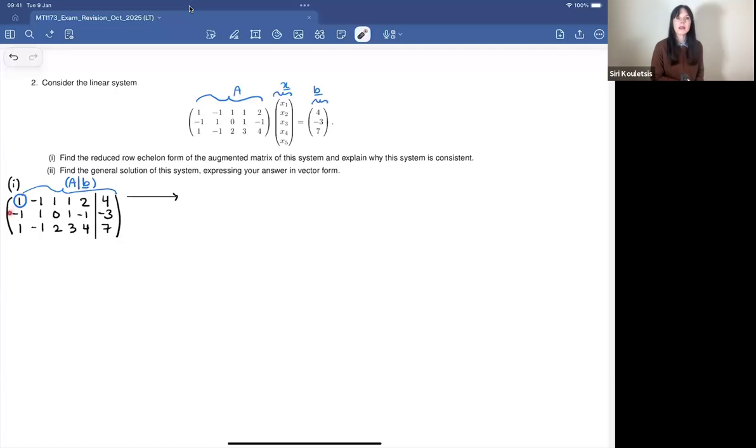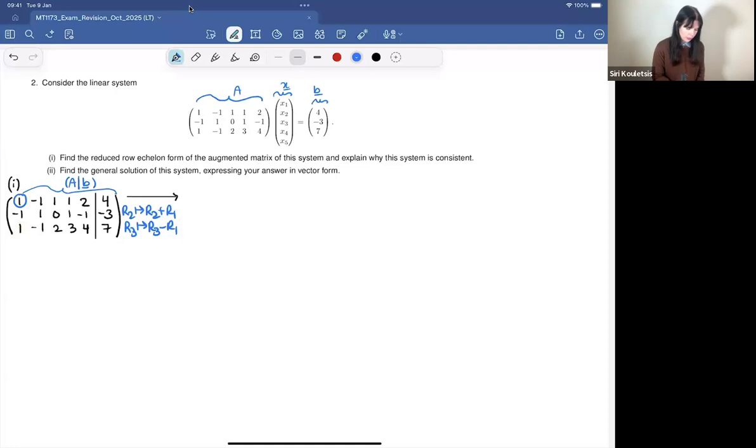And now we want to create zeros below that leading 1. And so that determines our row operations. We see that if row 2 goes to row 2 plus row 1, well then this minus 2 will become 0. And if row 3 goes to row 3 minus row 1, well then this 1 here in the third row will become 0. And then the other entries of row 3 will just change accordingly.